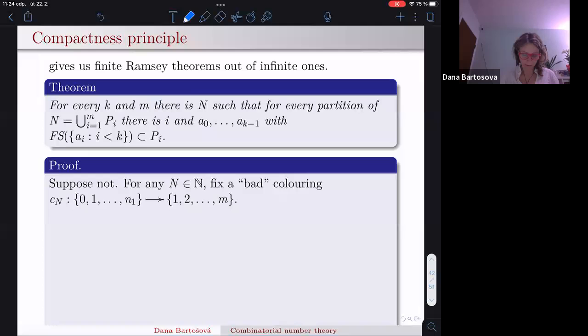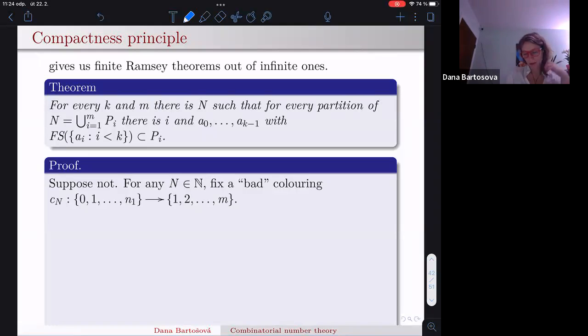So what we can get, this is an example of Hindman's theorem that is more quantitative, a finite version of that, where we use a non-principal ultrafilter to show that if this finite version was never true, then we would have bad colorings at every finite instance, and we could glue them into a bad coloring for all natural numbers.